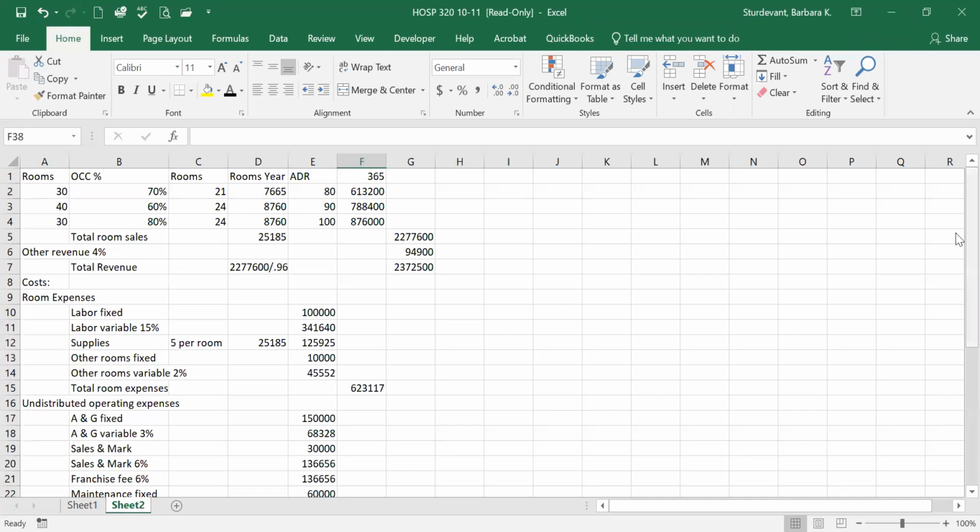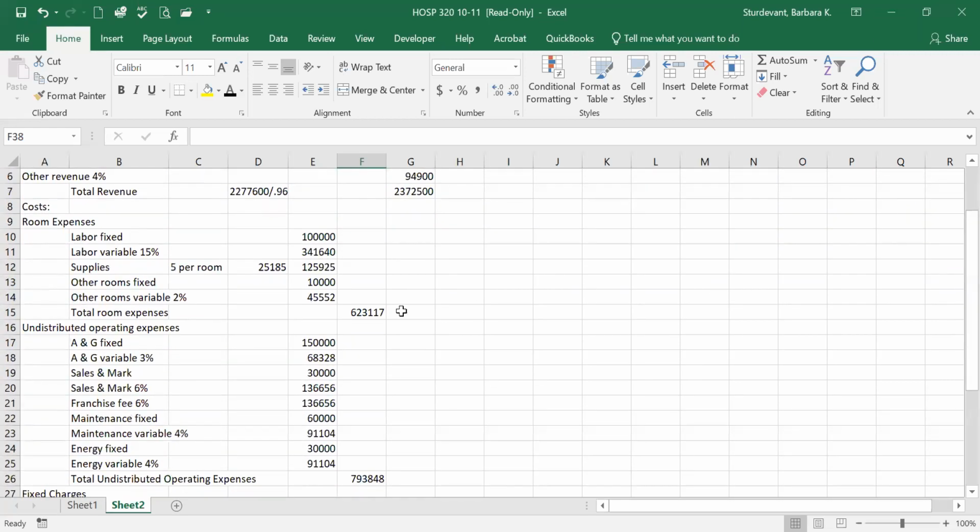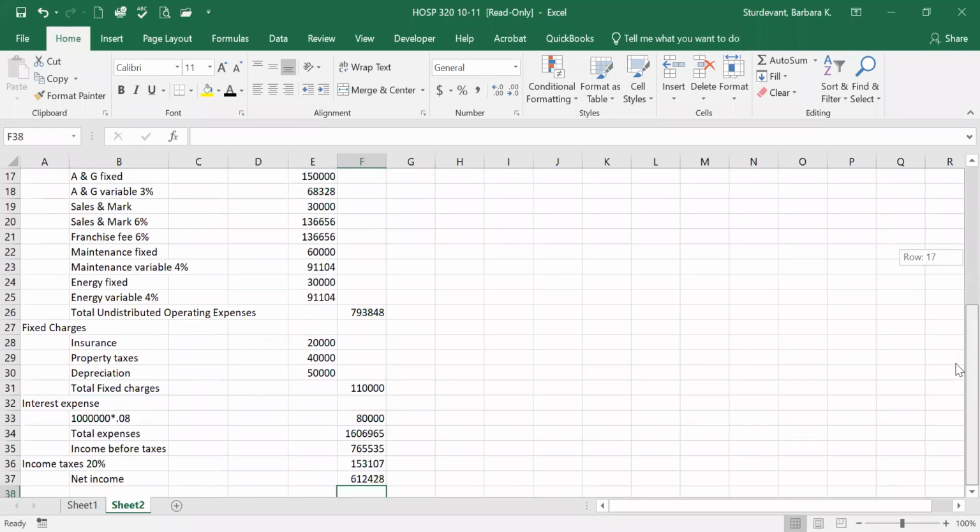Expenses, you had fixed, you had variable, and you had this one, which was per room. So you have really everything that it can be. Fixed stays the same. Variable in this case was based on room sales, so it's simply multiplying and then adding up all your expenses. We had to calculate interest, but again, you've done that a gazillion times.